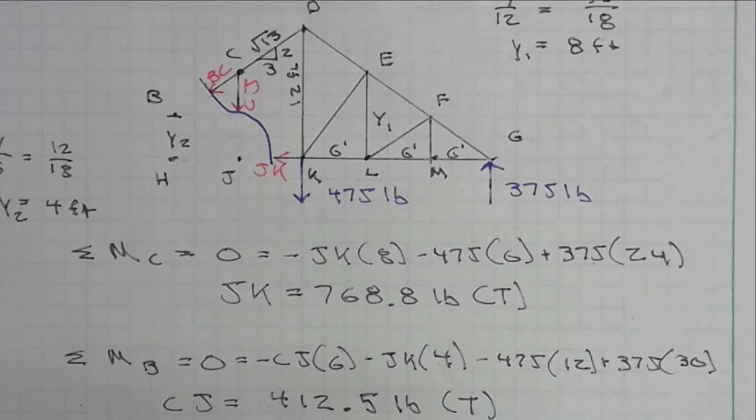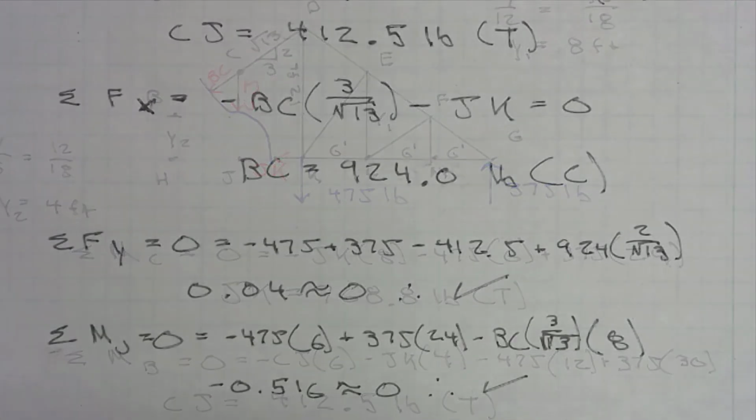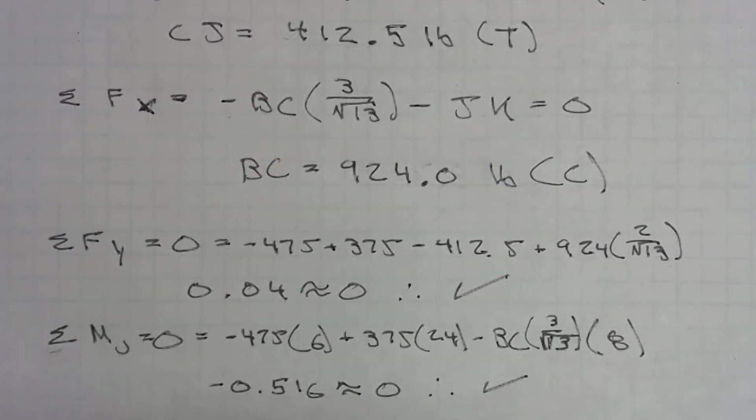I then can move on to the summation of the forces in the x direction, and I can solve directly for force BC. In this case, I'm using the x component of that force BC, which is the magnitude of the total force BC times 3 divided by square root of 13.